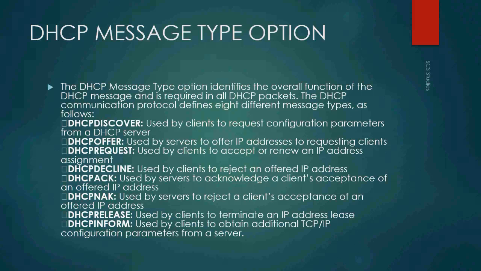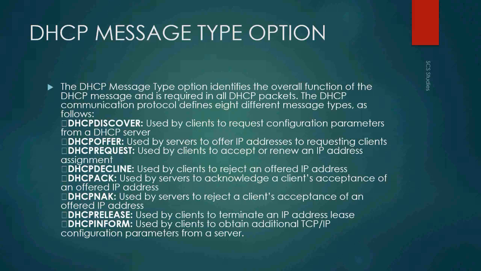But if it is free in the scope, then there is DHCP ACK, or DHCP acknowledgement, used by a server to acknowledge a client's acceptance of an offered IP address. The next one is DHCP NAK, used by the server to reject a client's acceptance of an offered IP address.